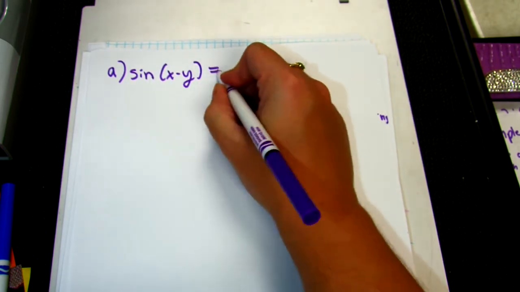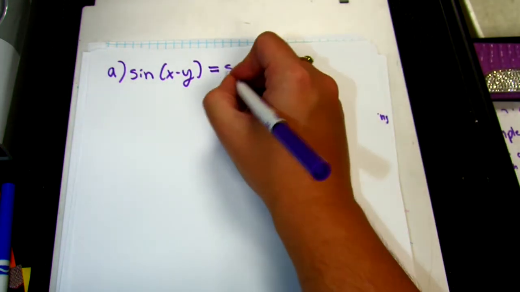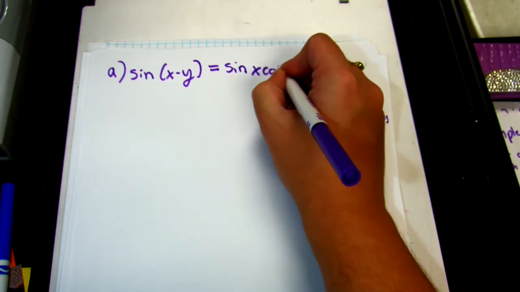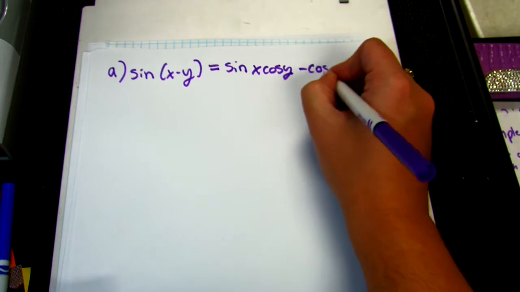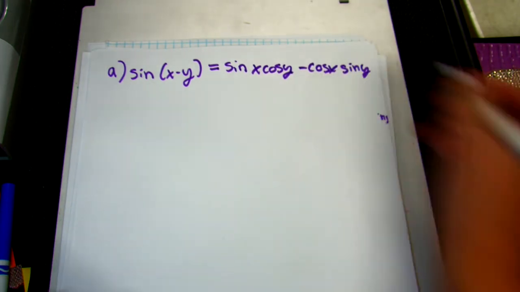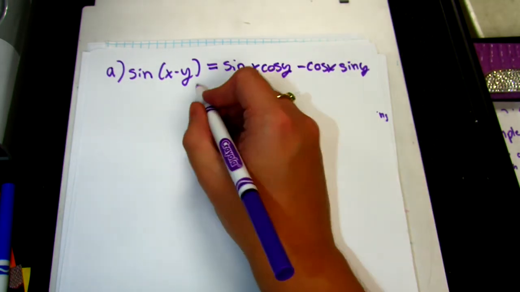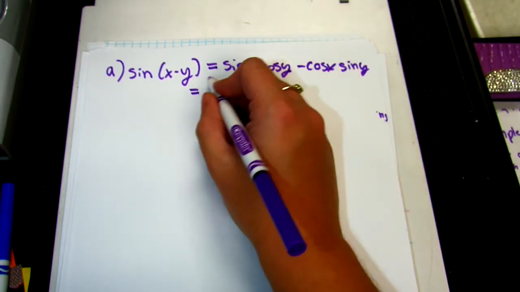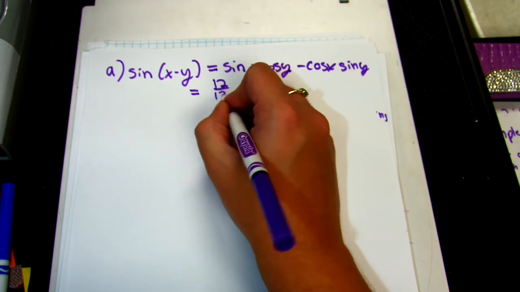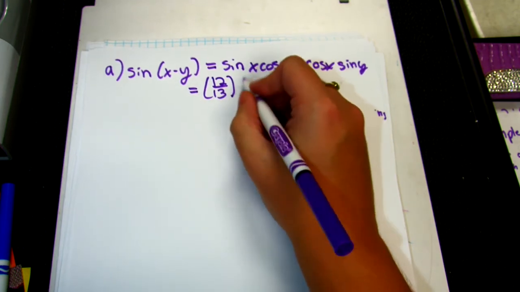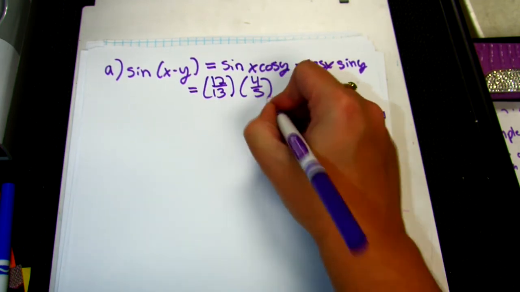So we've got to use our identities. Sine x cosine y minus cosine x sine y. Okay, so fill in what we know. We know that sine of x is 12 over 13. Cosine of y is 4 over 5.